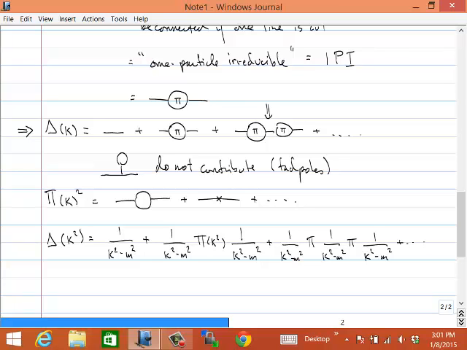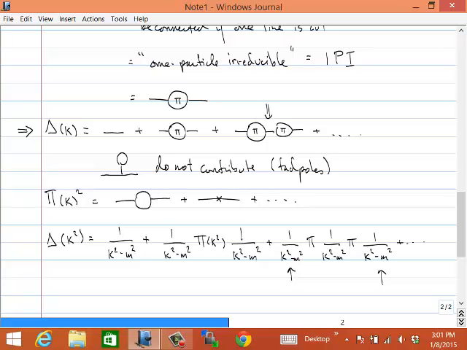So this 1 over k squared minus m squared, here and here, those are the factors that you usually strip off when you use the LSZ formula to relate a scattering amplitude to a correlation function. And I've included them here explicitly.